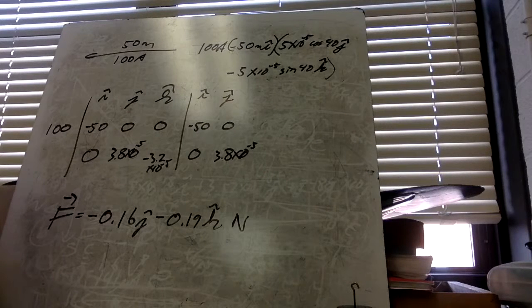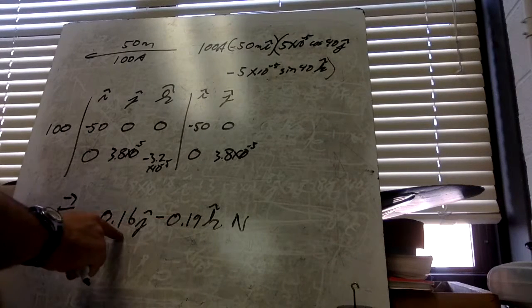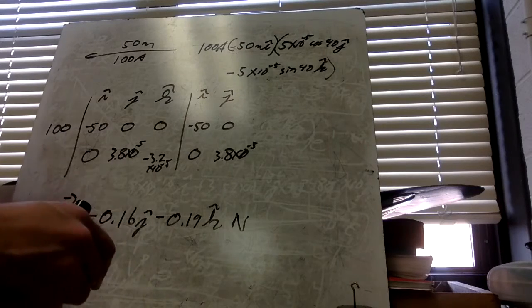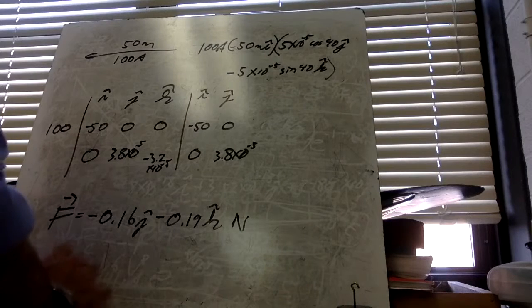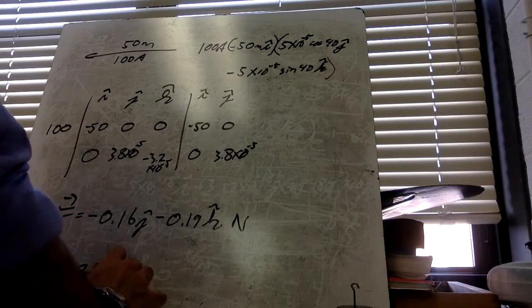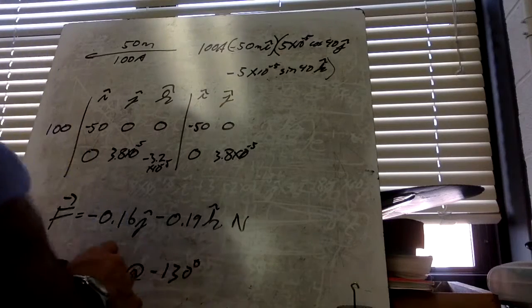So the force on this thing is just in the up and down, right? So a little bit down, and then also a little bit south, right? And so this is going to be 0.25 newtons with an angle of negative 130 degrees.